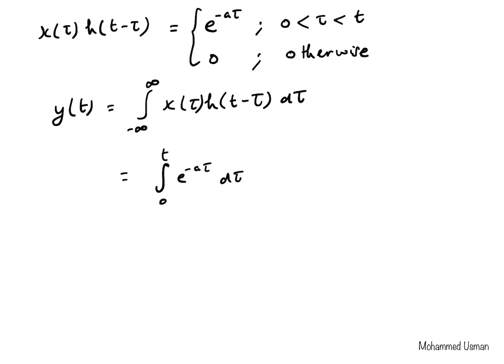So this is a simple integral now. What is the integral of e power ax? It's 1 by a e power ax, right? So we just have to integrate this and apply the limits.